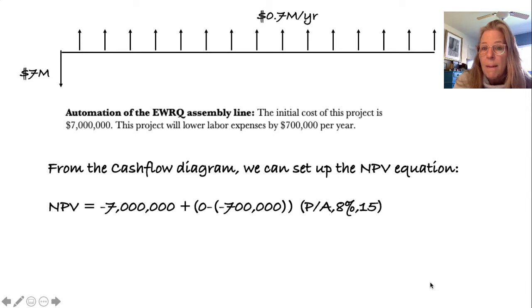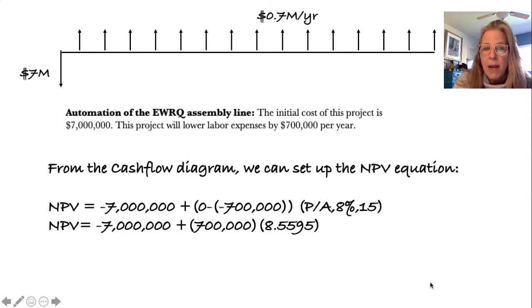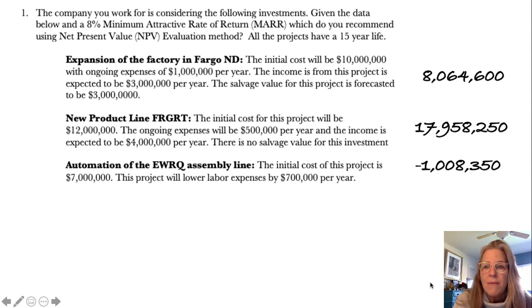I multiply it by that P given A value to get to the minus 1,808,350. Looking at all of these net present values, I want to choose the highest one. The project I would recommend is the new product line, for almost $18 million net present value.